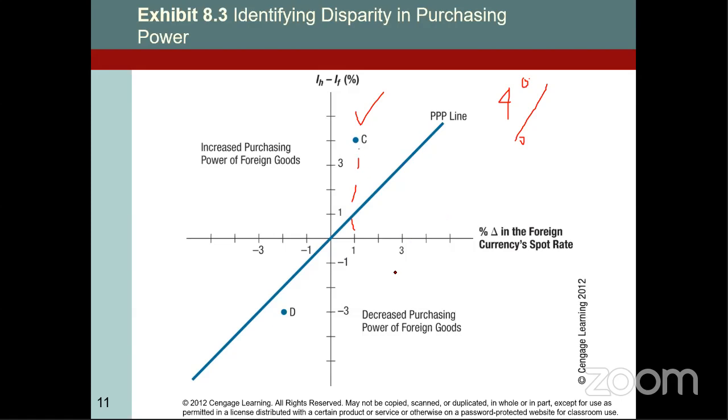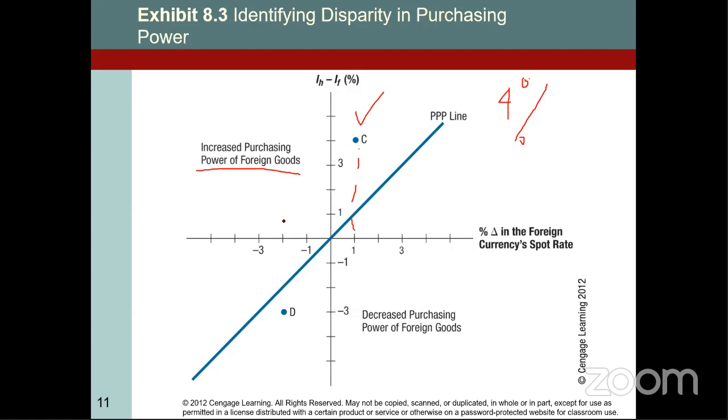The money moved only 1%. The problem is you will have an increased purchasing power for foreign goods. So the foreign goods will increase more. You will have higher export.